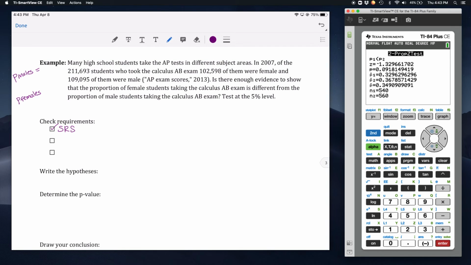The strange thing in this case is we're going to take the 102,598 out of the 211,693 in both cases.